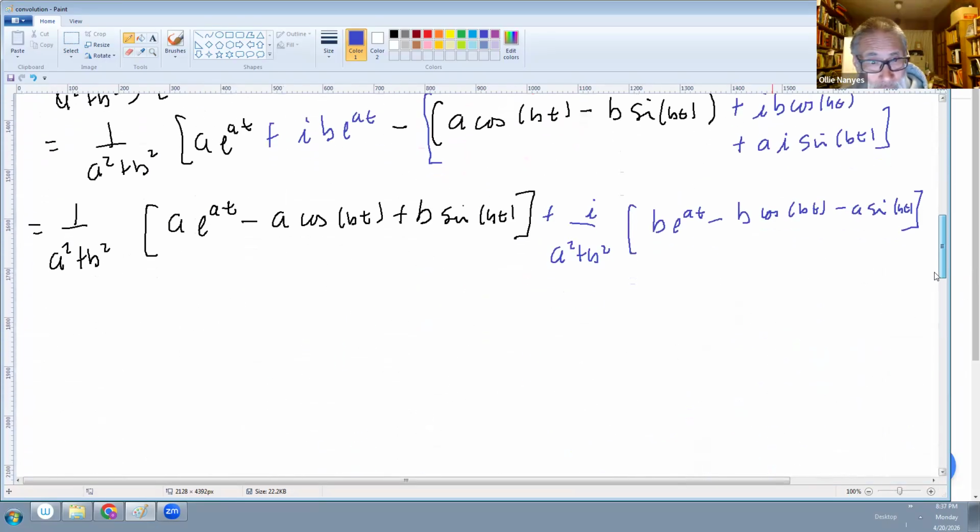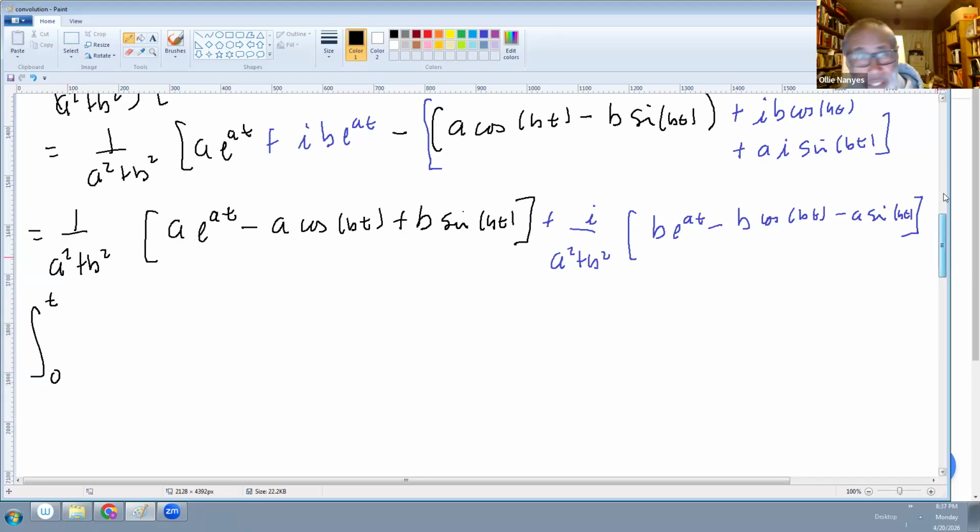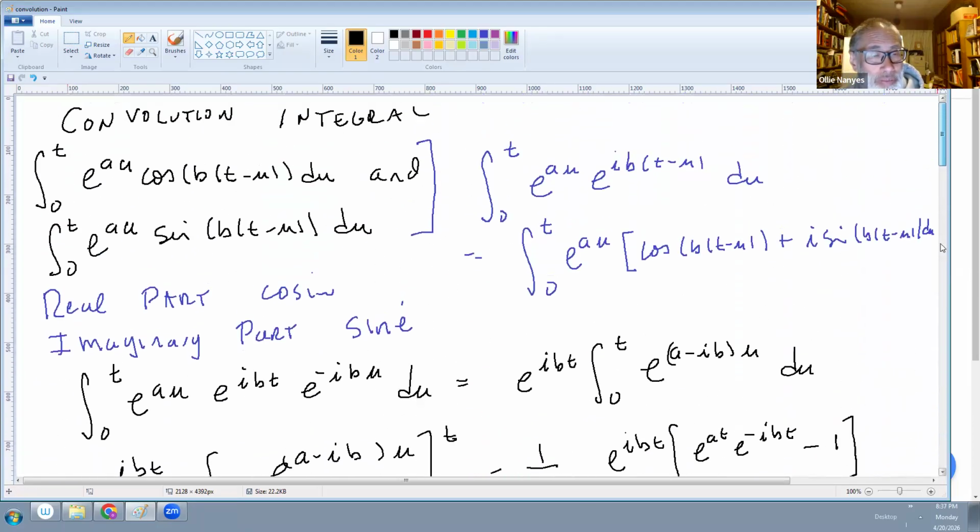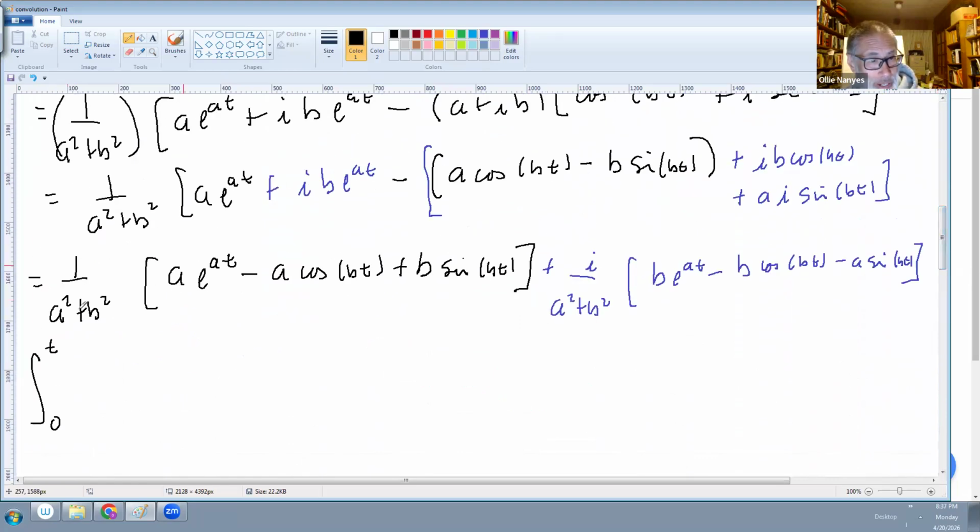But the upshot is that this integral, the cosine integral, the way I had phrased it, e to the au cosine of bt minus bu du, is this.